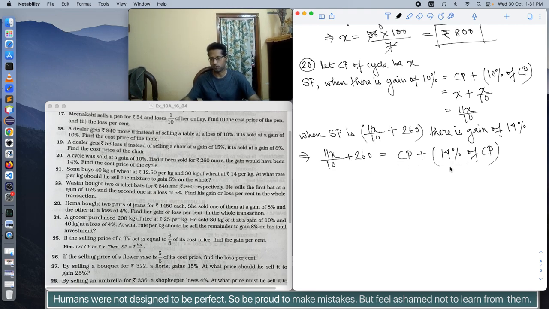Now if we know the gain percent and we know that the cost price is x, so for a gain of 14%, the selling price will be cost price plus 14% of cost price. Now this is equal to x plus 14x by 100, which is equal to 114x by 100. So we got a linear equation in x, and we need to solve for x.